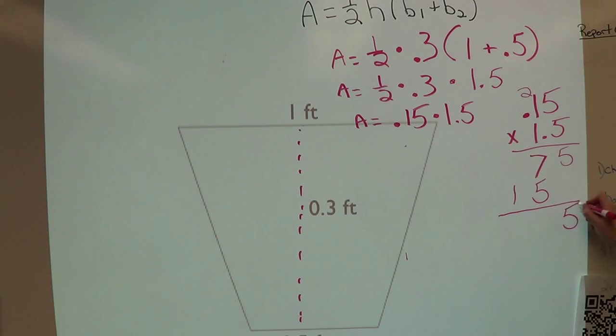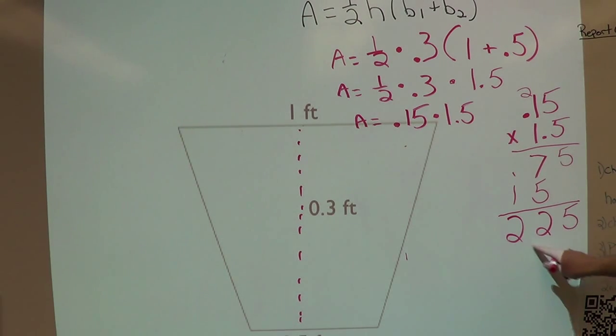Drop down the 5. 5 plus 7 is 12. 2, we're going to carry the 1. 1 plus 1 is 2. So we are at 225. But I got to go back. We're multiplying decimals, remember? Let's count the decimal places. I have 1 decimal place here. I have 2 up here. So I'm going to move it 1, 2, 3 spaces.